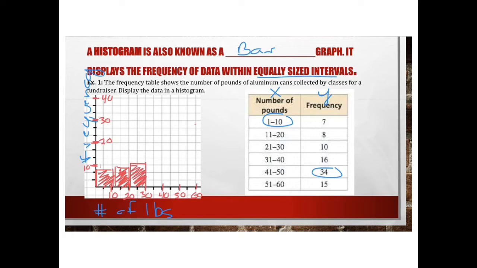For 31 to 40 goes up to 16, and that's going to be right in the middle here. 41 to 50 is up to 34. Again, in the middle of that area. And then finally, 51 to 60 is 15.